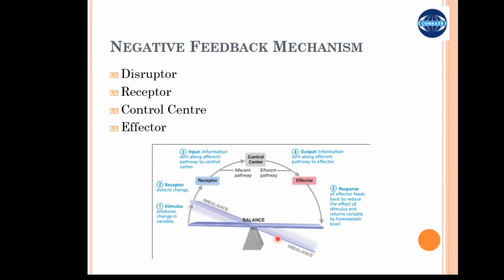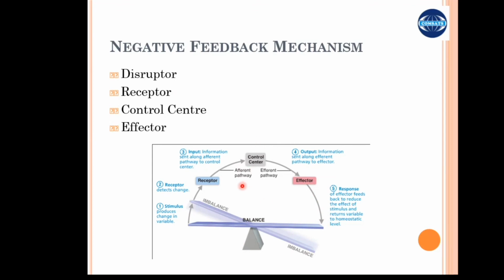So this is disturbed. There are specific cells in the body which detect the blood sugar levels and send a message, right? These specific receptors send the message towards the control center, and the control center does all the processing of that information and sends a command to the liver to release more insulin, and that insulin reduces the blood sugar levels and brings them back to normal, and it is balanced again.